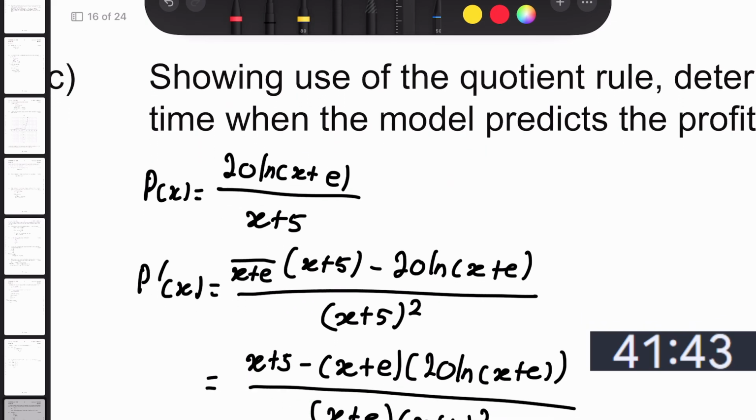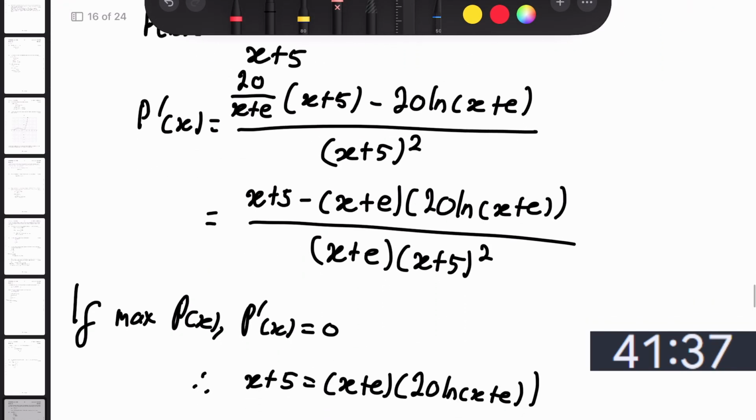Oh, that's why. No wonder my answer was a bit off. There needs to be a 20 in front of here. So yeah, move you a bit across. 20 times all of that.